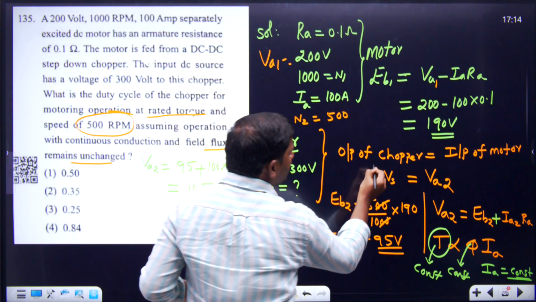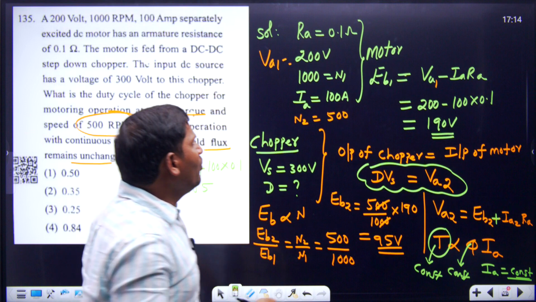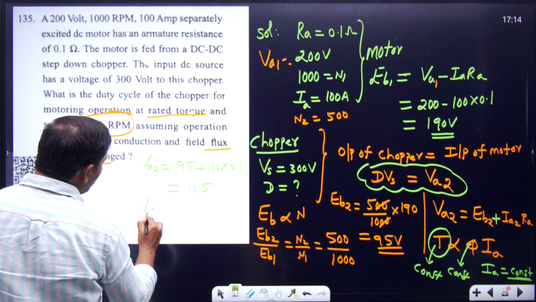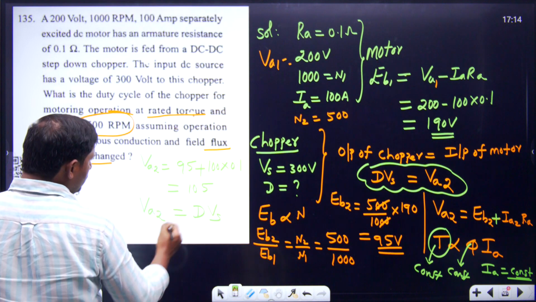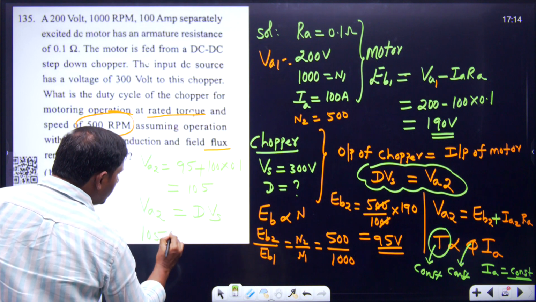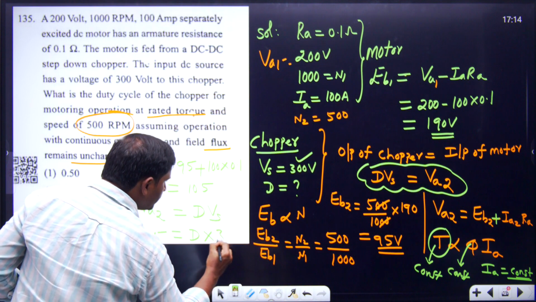Now apply this relation, students. What is that relation? Here itself I am calculating. VA2 equal to D into Vs. What is VA2? VA2 we calculated as 105. Duty cycle into what, the supply voltage? 300 volts.